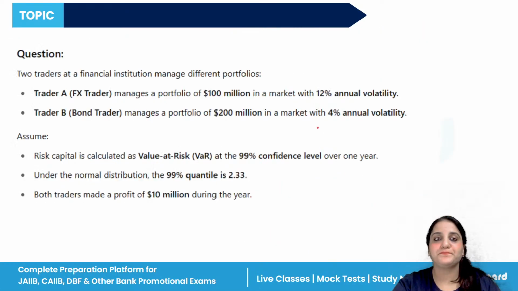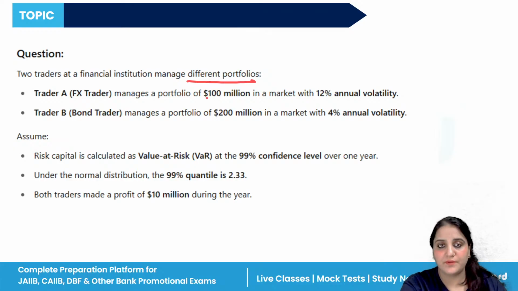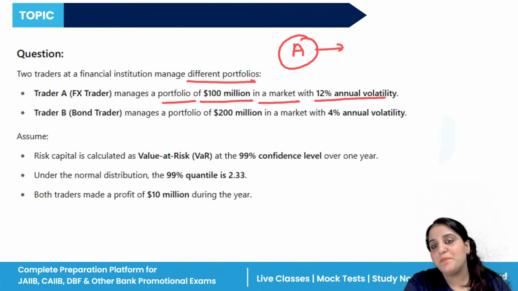Next question. Here two traders are at a financial institution. They have to manage different portfolios, right? Trader A is a foreign exchange trader who manages a portfolio of 100 million in a market with 12% annual volatility.